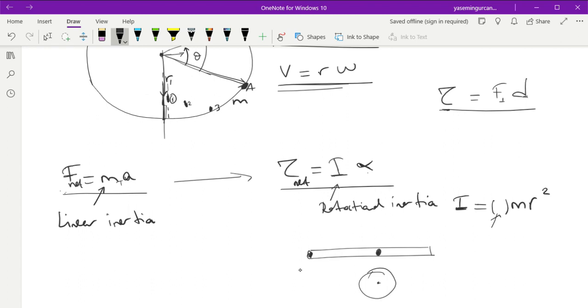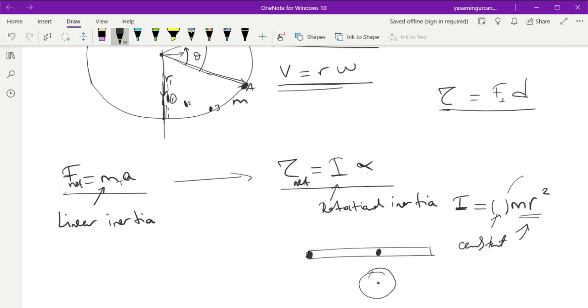If you look at the book, you will see different constants for different shapes like a disc, a sphere like a ball, or a stick rotated around one end or around its center. It's only equal to mr square for a point particle. If it has a two-dimensional or three-dimensional structure, there is going to be a constant here.